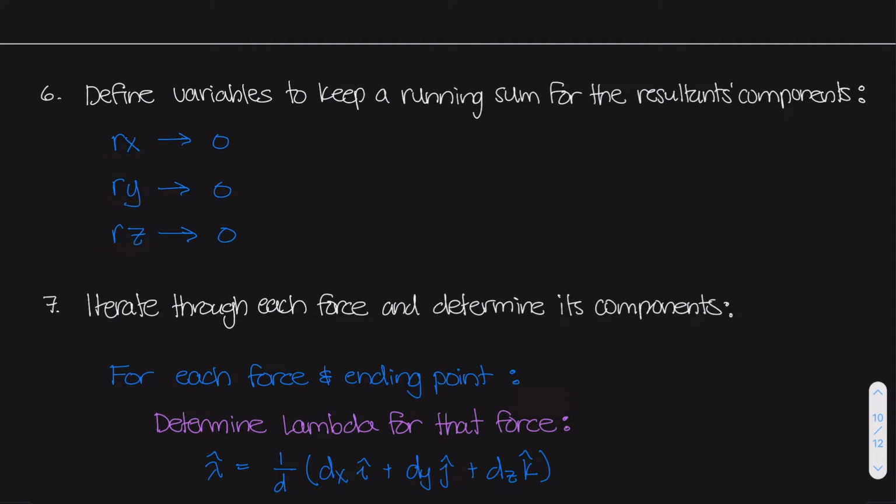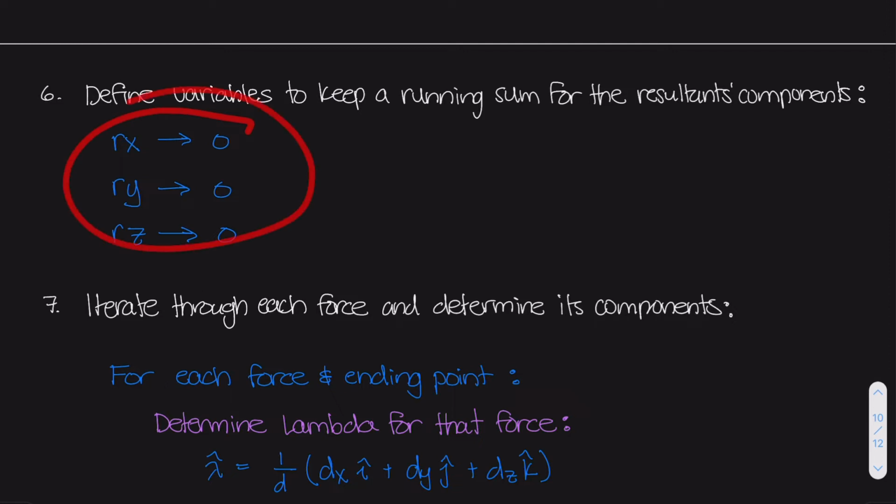So the next step after defining our input, we're going to create variables for rx, ry, and rz, and those are going to be initialized with the value 0, right? The resultant is going to start off with 0, but then we're going to iterate through each one of those forces, calculate the components, and then add them to either rx, ry, or rz.